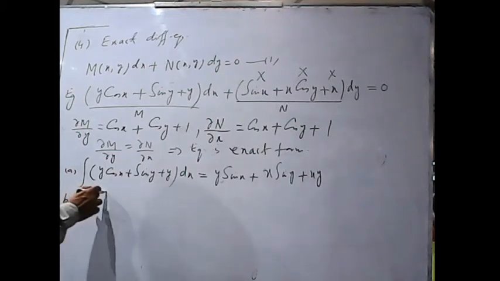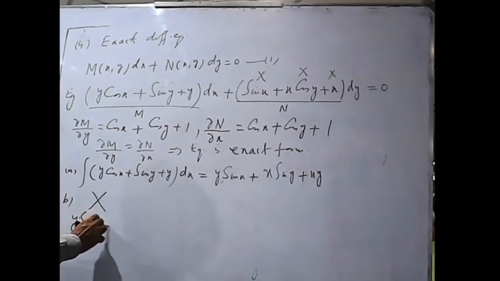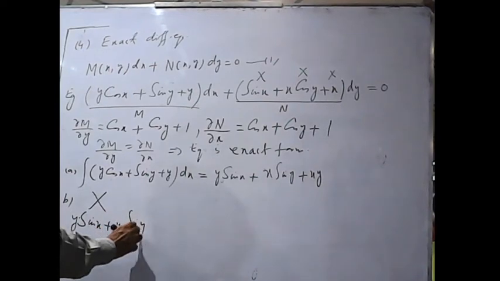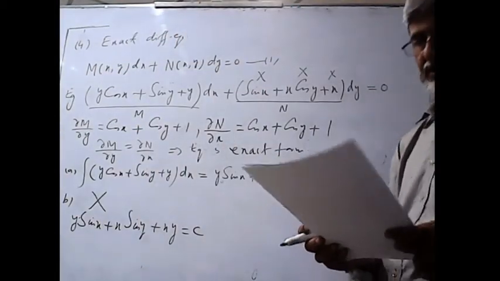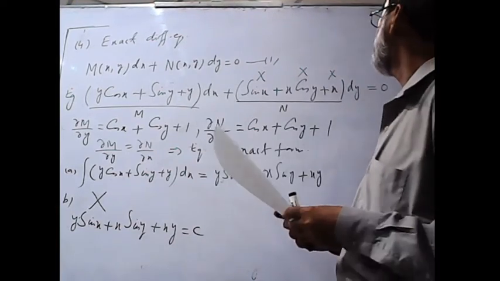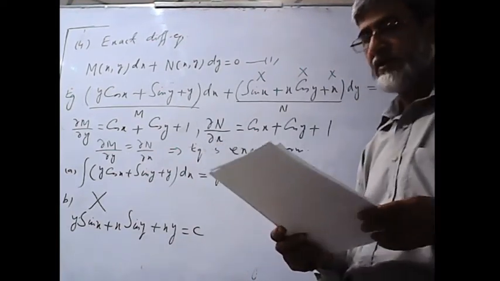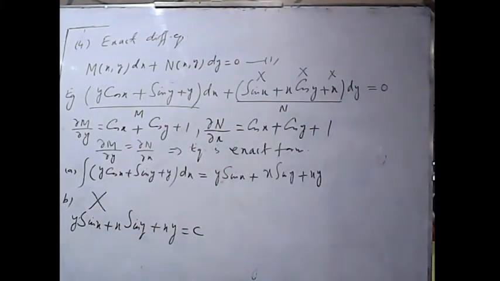So part B is not performed. This is our final solution: y sin x, sin y, plus xy, is equal to C. So in these two situations, maybe questions will come where all the terms of N are not independent of x, so we consider part A as our final solution.